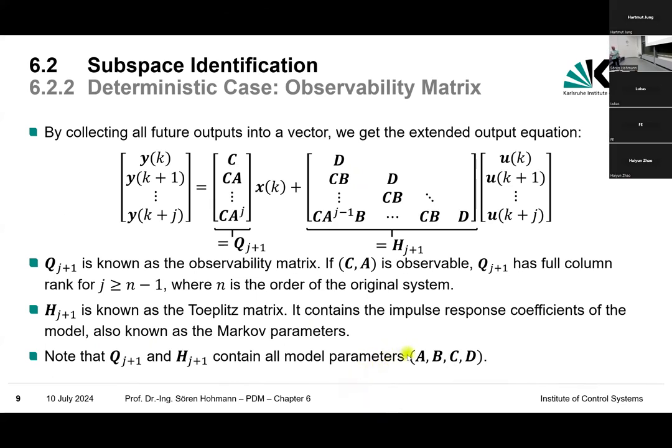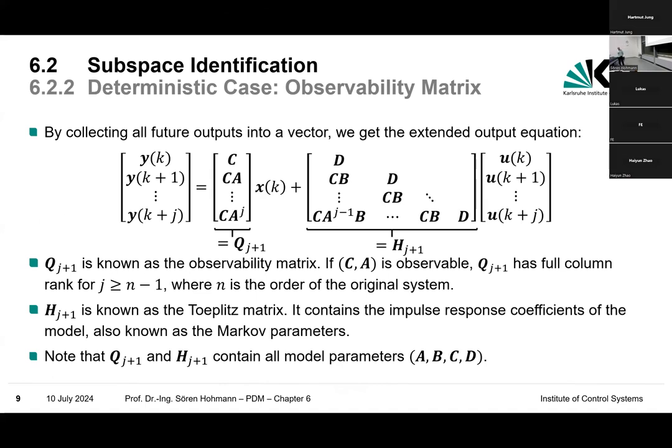Now let's have a deeper look at these two matrices. We have C, we have CA, we have D, we have B. Obviously, these two matrices contain all the information about the parameters we are seeking, right? First, the good news.